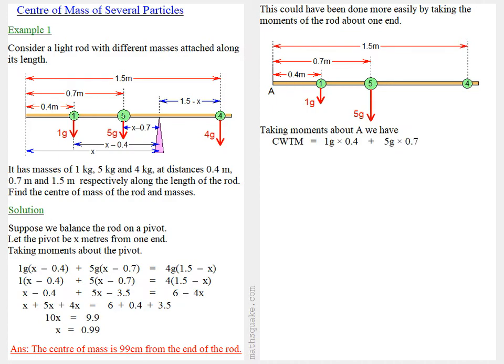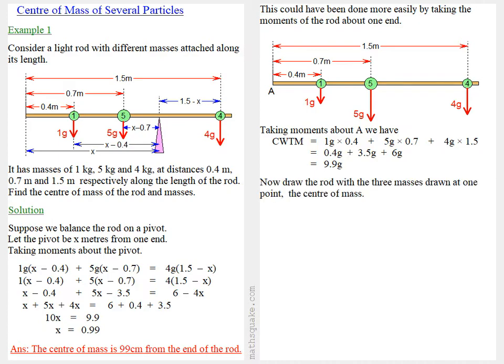And finally there's a 4 kilogram mass, which is 1.5 meters from A. So that's 4g times 1.5. Now that simplifies to give the clockwise turning moments as 0.4g plus 3.5g plus 6g, which is equal to 9.9g. So we have the clockwise turning moment is 9.9g.